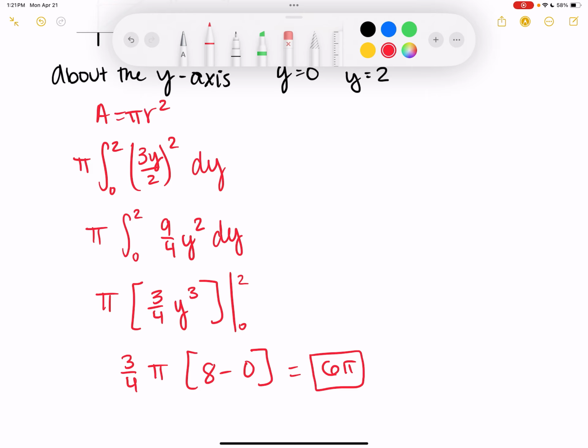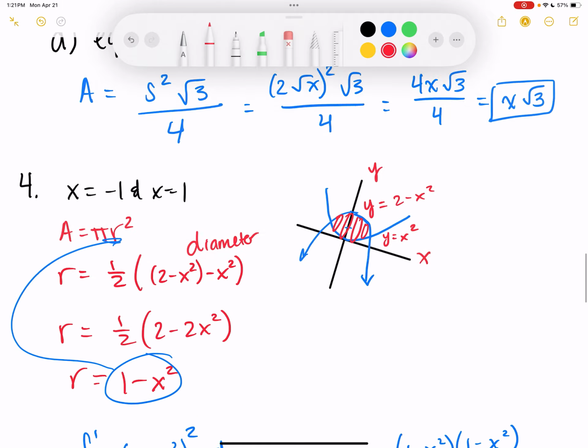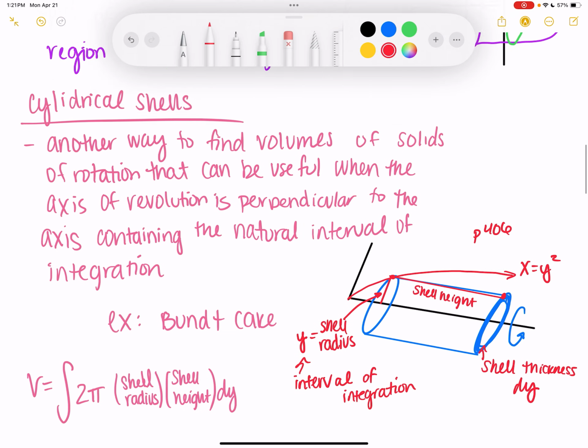Other than that, could we use any shape? Typically, I think they're most often going to tell you, because most of the rest of these are going to end up being washers or shells.